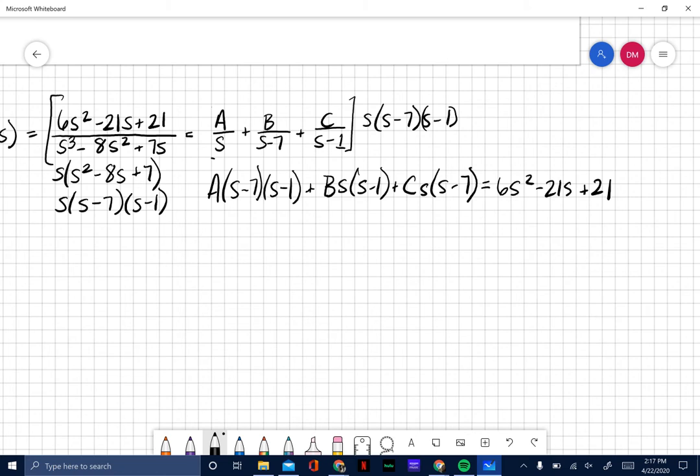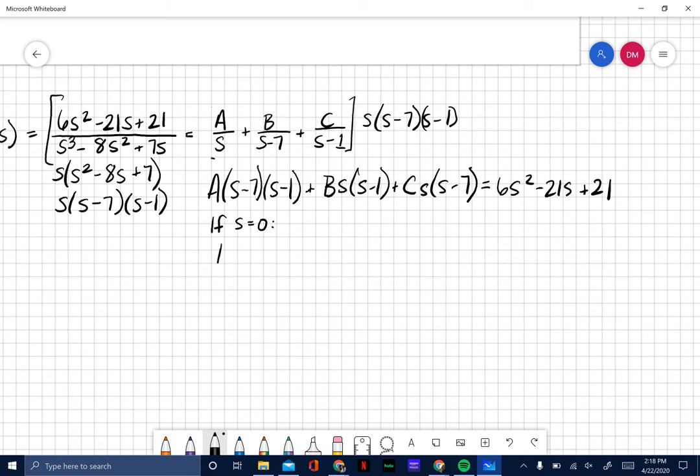Instead, what I want to do is use the idea of smart s's. Basically, we try to use a value for s which would get some factors to go to 0, and that would cause my term to go to 0. The first and easiest smart s would be if s is equal to 0. If s is equal to 0, this whole term becomes 0, this whole term becomes 0.